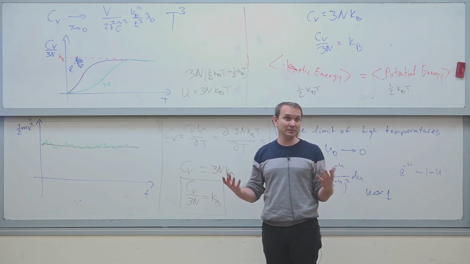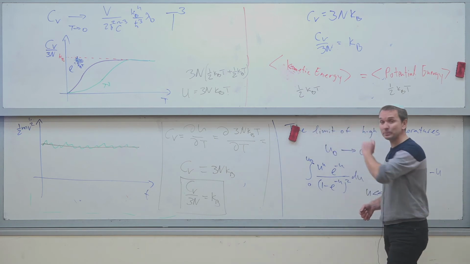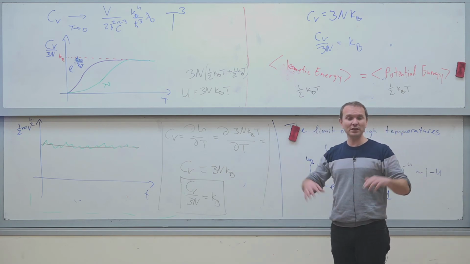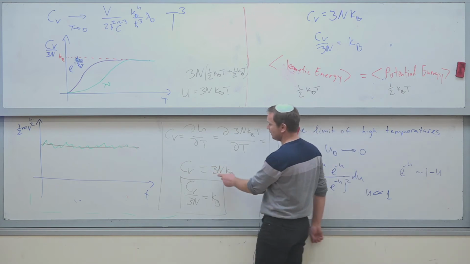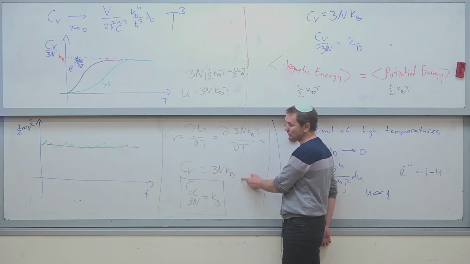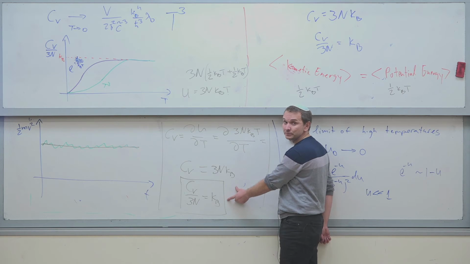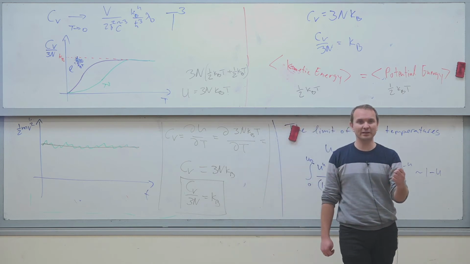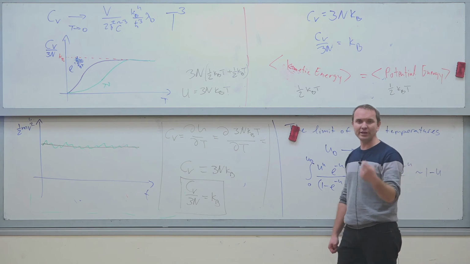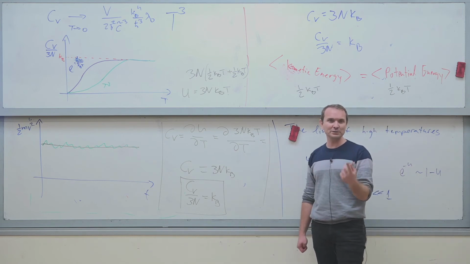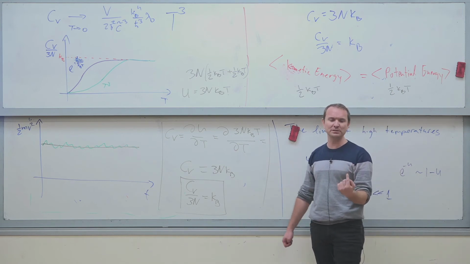The moment it happens, I can apply my equipartition theorem and say, well, if they are all independent, I expect that the specific heat will converge to the Dulong-Petit value. It's always like that. If I have 3n independent degrees of freedom, each degree of freedom provides me 1/2 k Boltzmann for the specific heat.